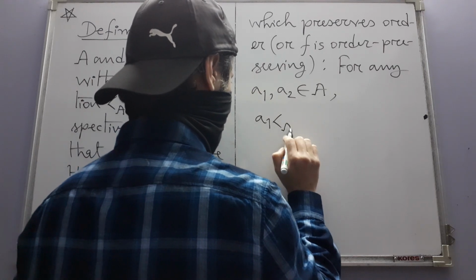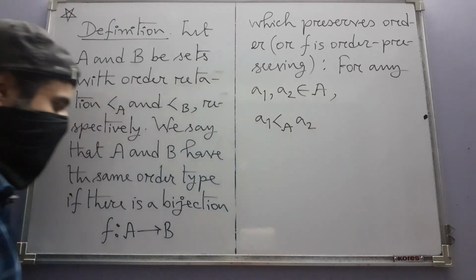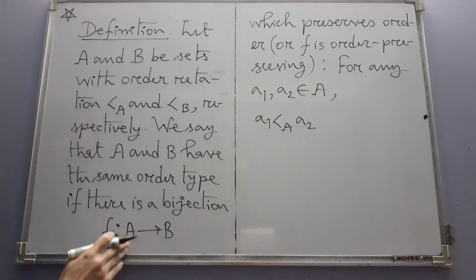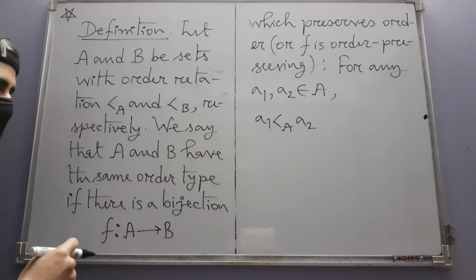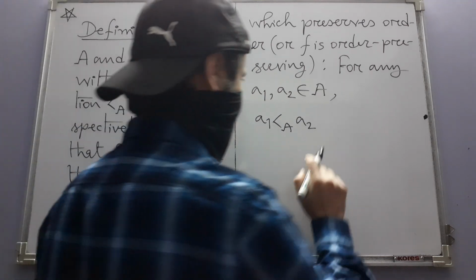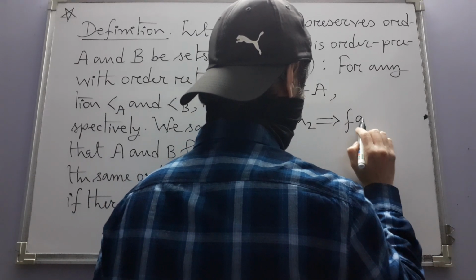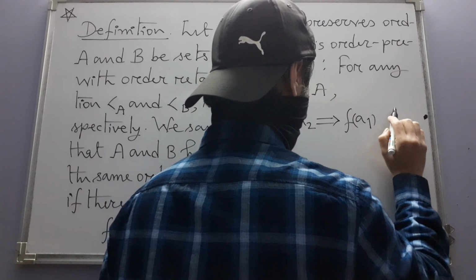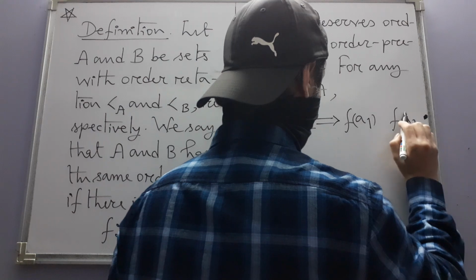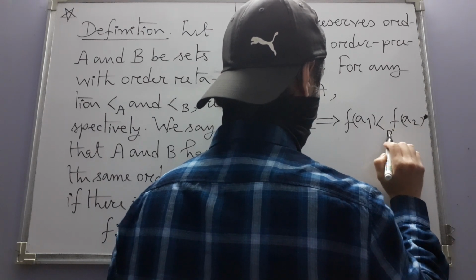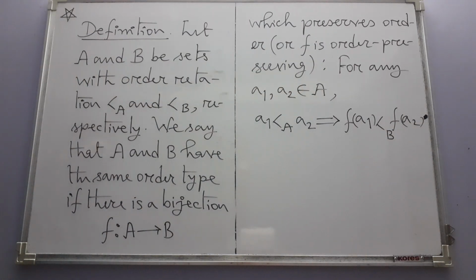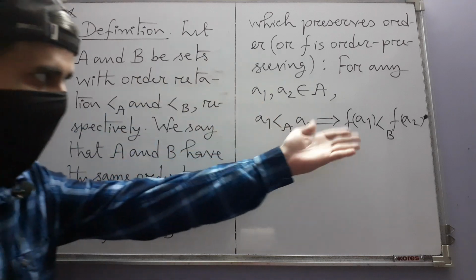If A1 is less than A2 in the ordered set A, of course, so we are using the order relation that we have on A, then the image of A1 and the image of A2 under f are related by the order relation on B like that.